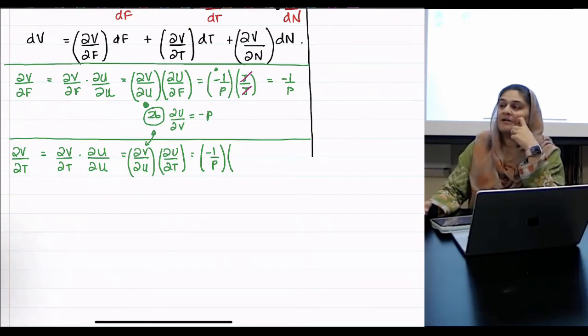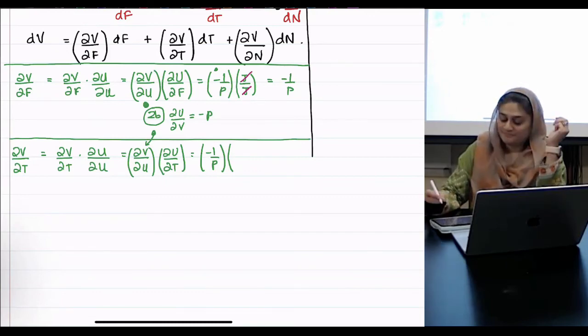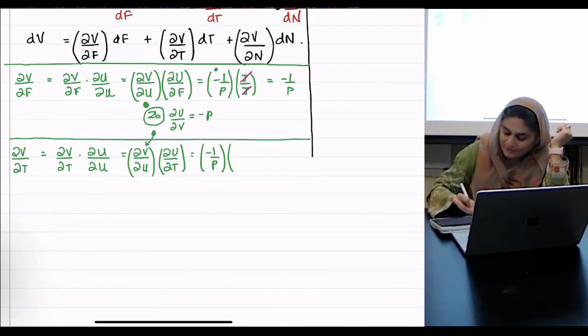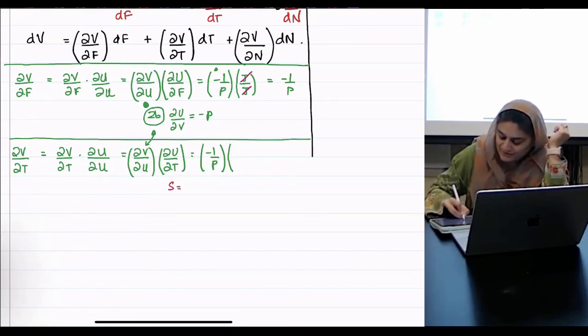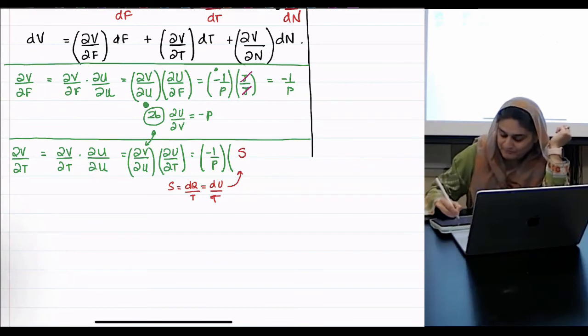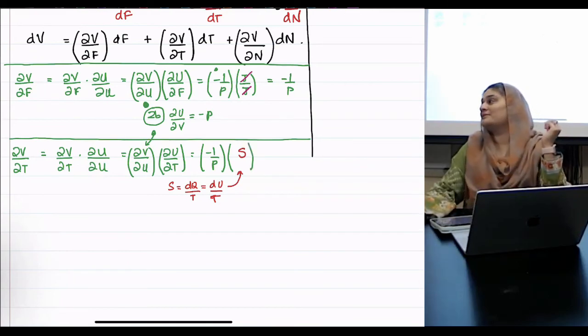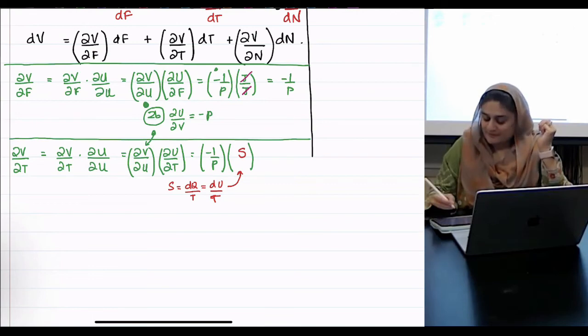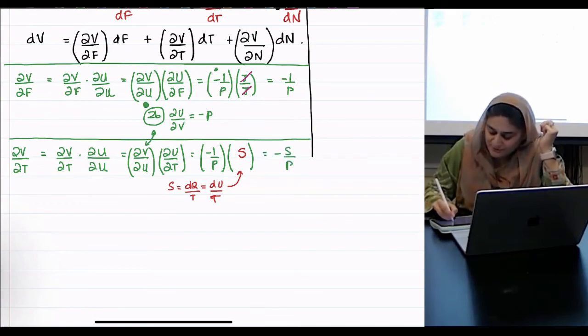It is a constant volume. What does my second law of thermodynamics say? So what was my definition of S? Entropy. dQ over T, or for constant volumes, dU over T. So may I just simply write this as S? Can I do that? Or negative S over P.